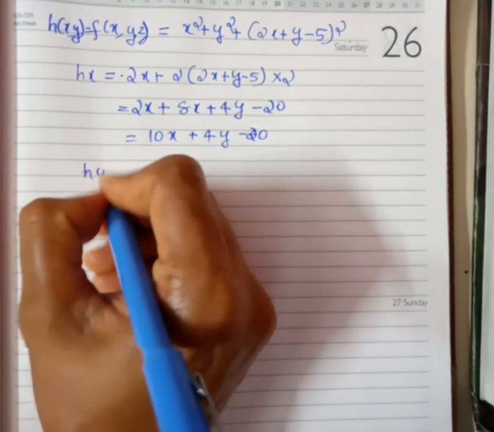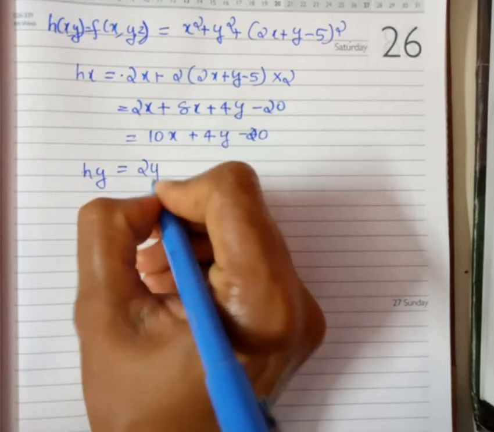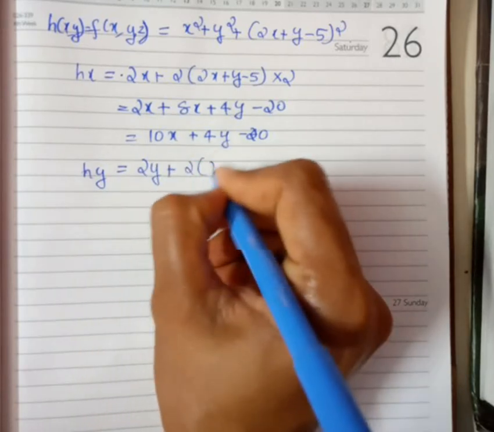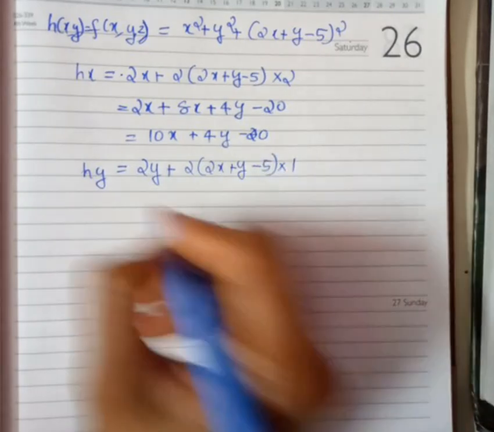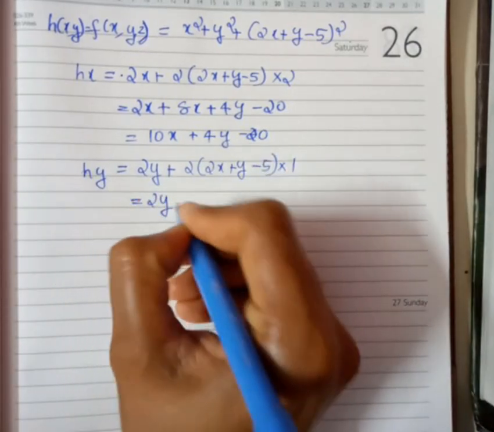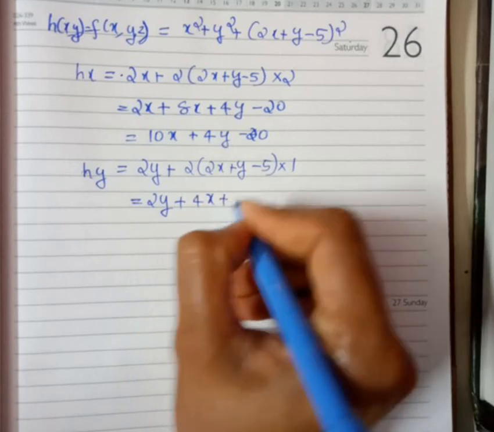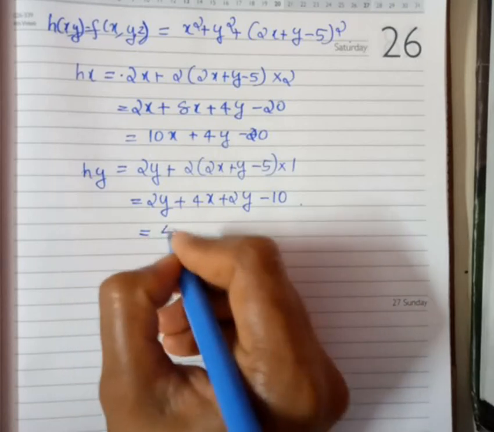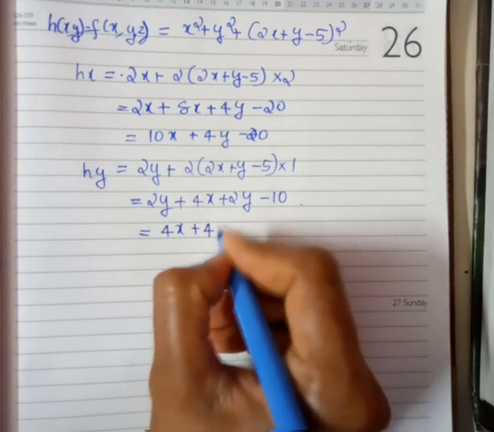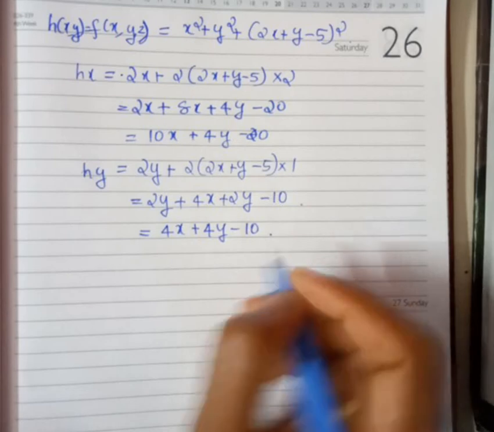And what will be hy? hy equal to 2y plus 2 into (2x + y - 5) into 1. This equals 2y plus 4x plus 2y minus 10, which equals 4x plus 4y minus 10.